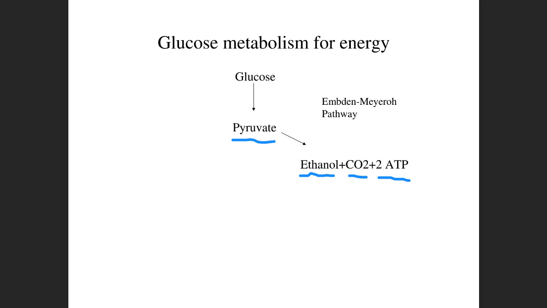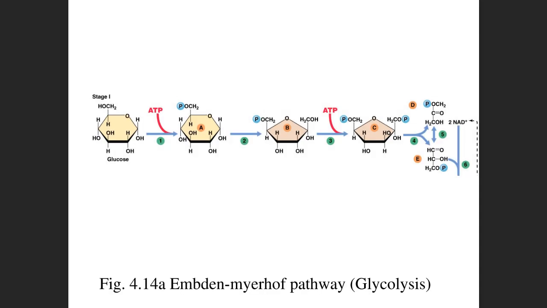That's the reason you use yeast to make wine. You don't use E. coli to make wine. Later on, I'll explain why. Okay, so here are the detailed steps for the Embden-Meyerhof pathway, or commonly known as glycolysis.